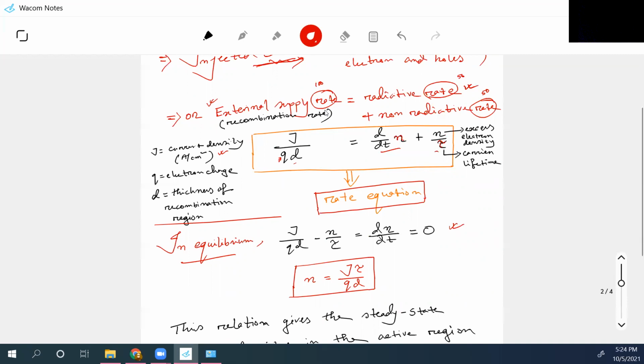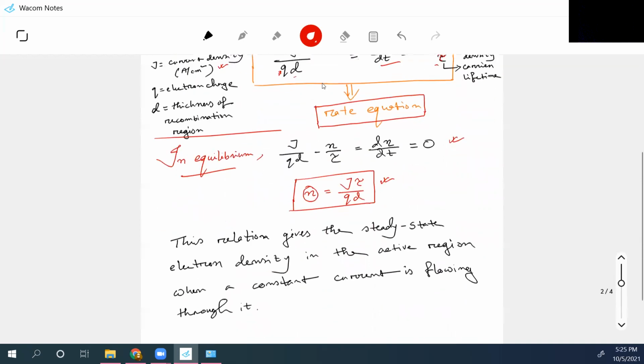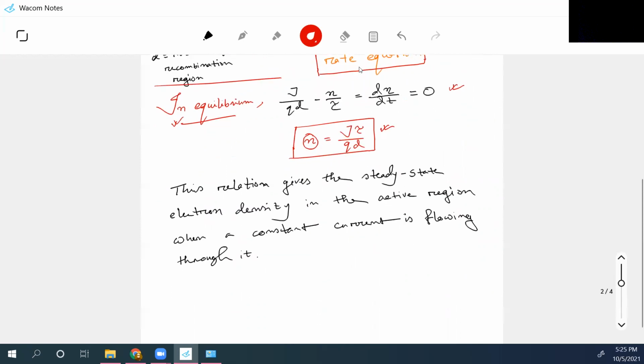This relation gives the steady-state electron density, the equilibrium density in the active region when a constant current is flowing through this p-n junction.